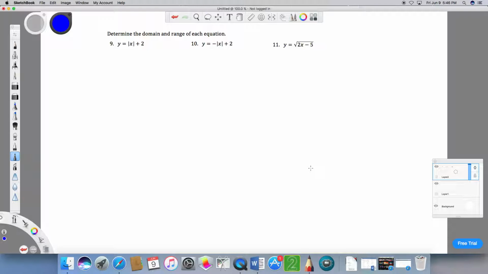So when we're finding the domain, we can find it algebraically by considering two things. We have to avoid division by zero.